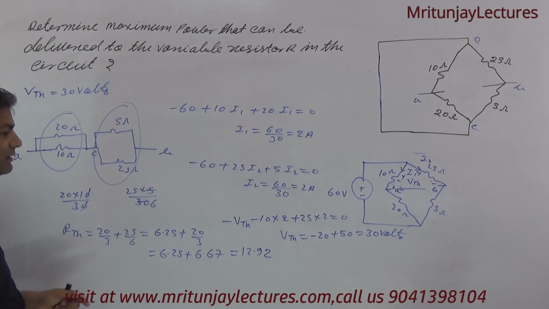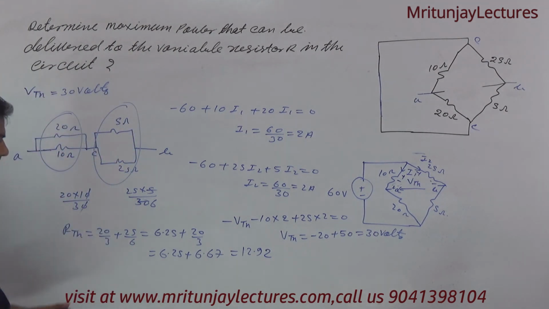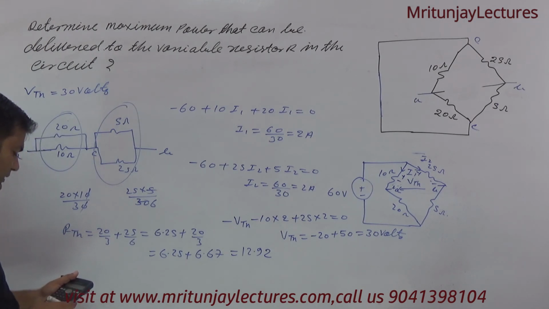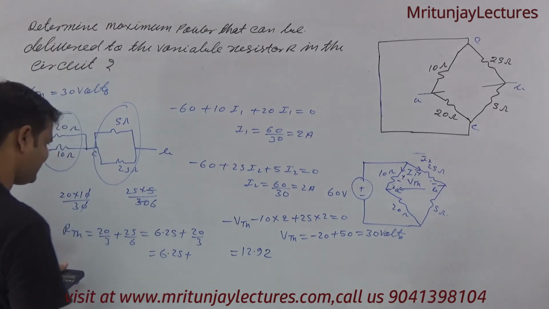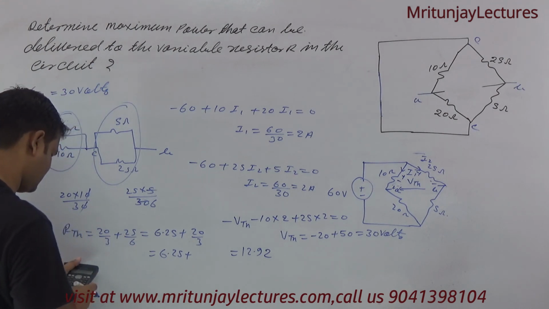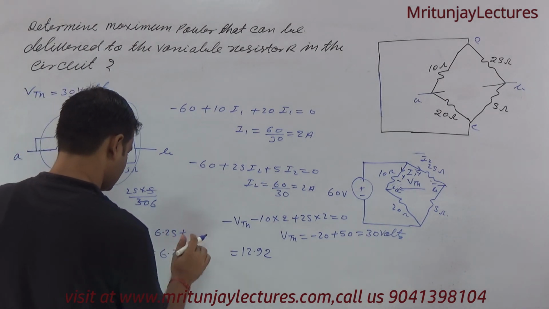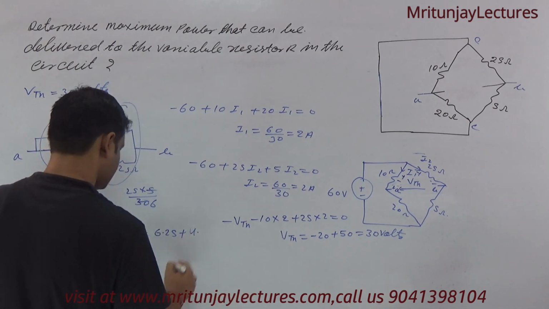After that, 25 into 5 divided by 30, that is 125 divided by 30, which is 4.16.